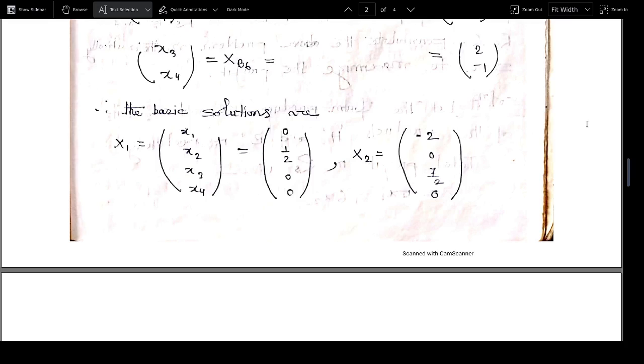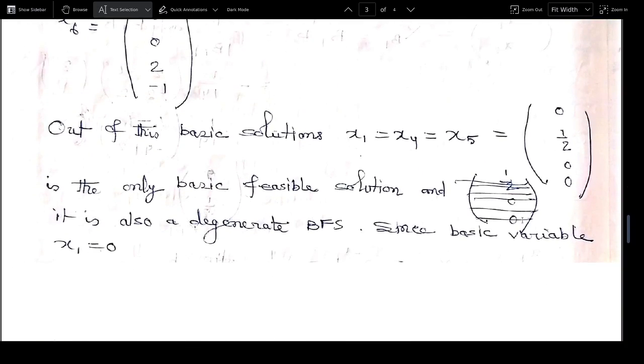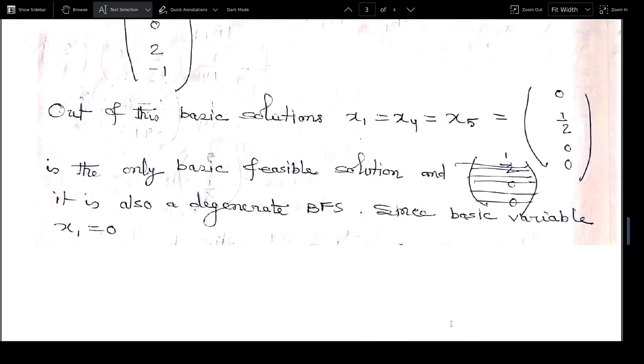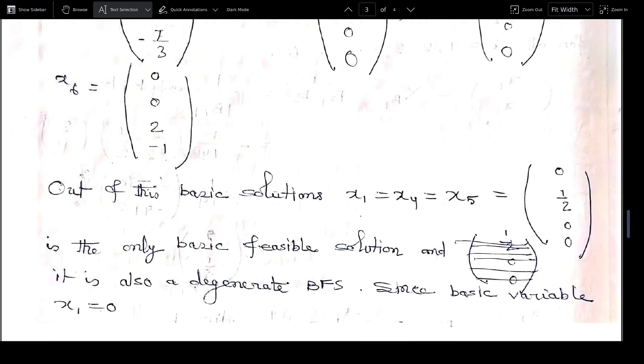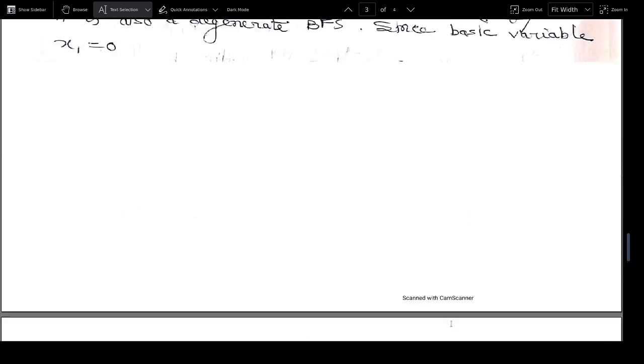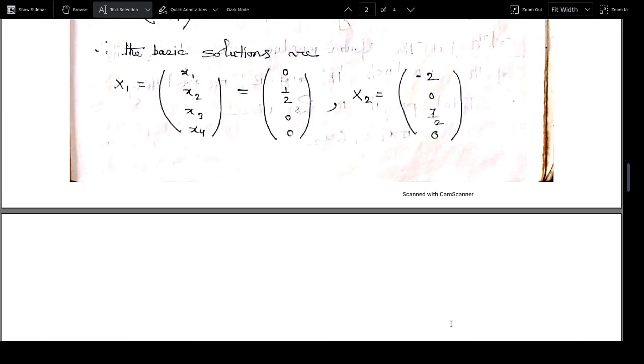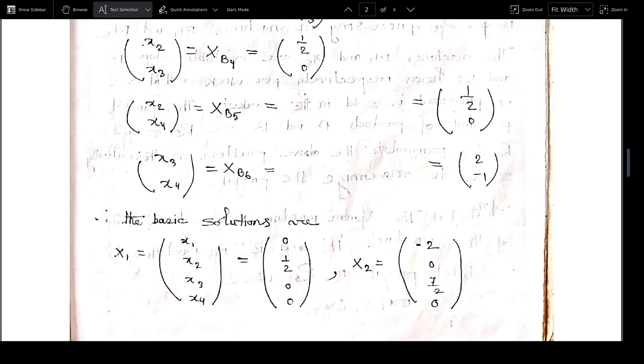Then 6x1 plus 2x2 plus 2x3 plus 6x4 equal to 2. Right? So here, how to solve this equation? If you substitute any two variables equal to 0, then you will get two equations in two variables, then we can solve this. First, B1 we consider alpha 1, alpha 2, means x1 and x2. We calculate x1 and x2, the remaining variables zero, means x3 is 0, x4 is 0.